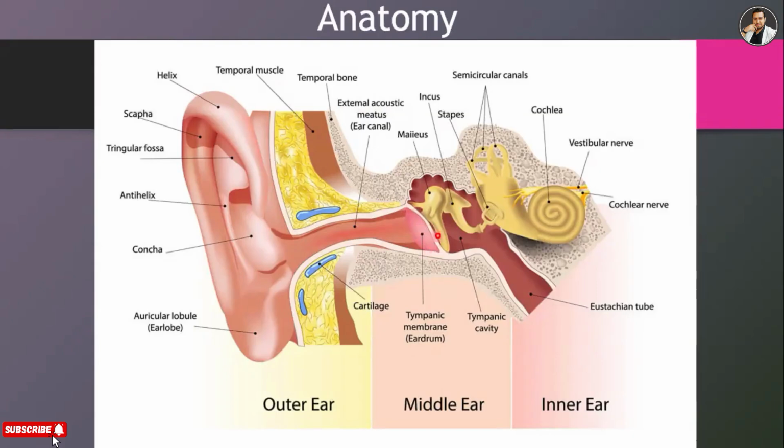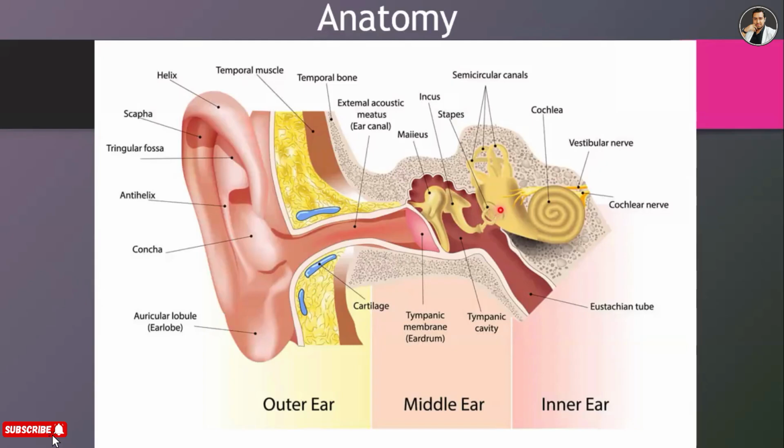What is inside the tympanic membrane? There are three small bones called the malleus, incus, and stapes.